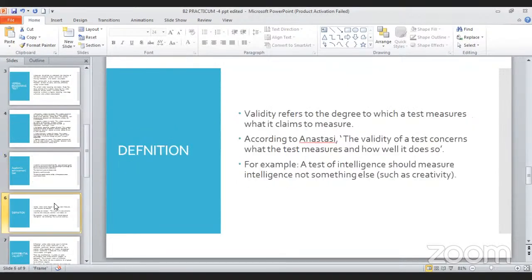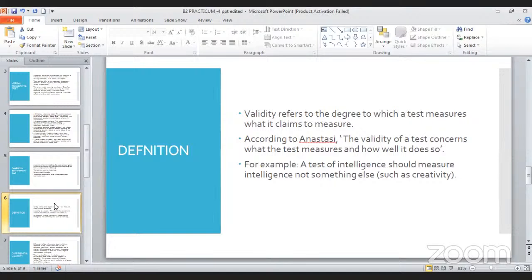Validity refers to the degree to which a test measures what it claims to measure. According to Anastasi, the validity of a test concerns what the test measures and how well it does so. For example, a test of intelligence should measure intelligence, not something else like creativity.